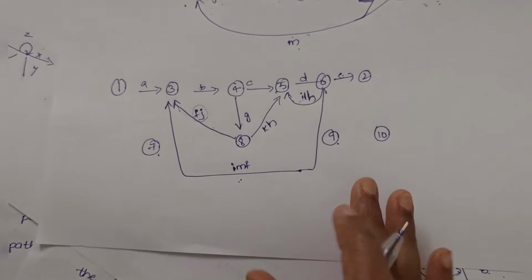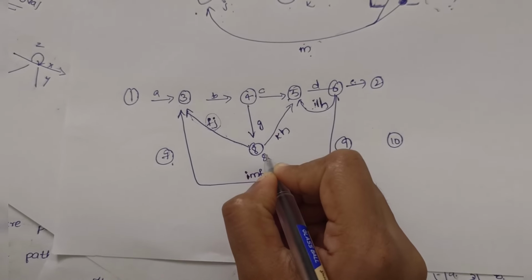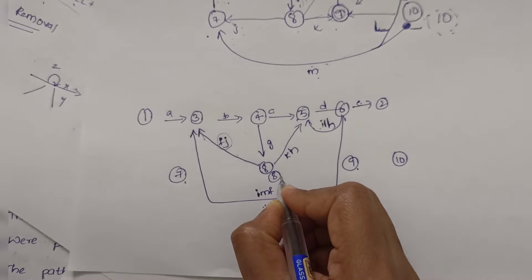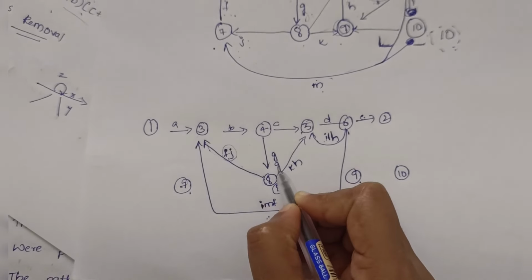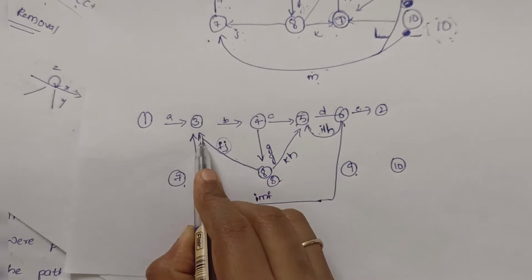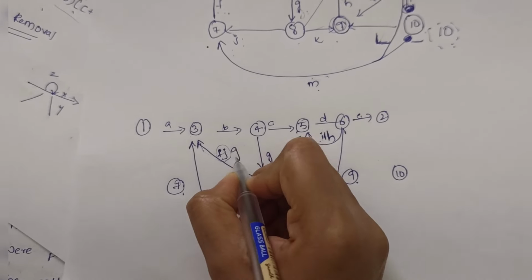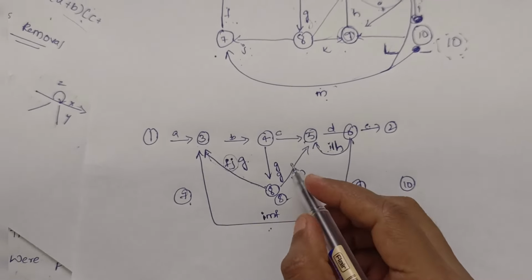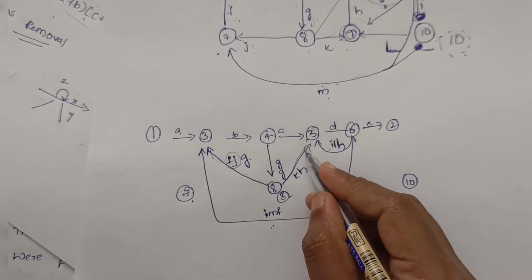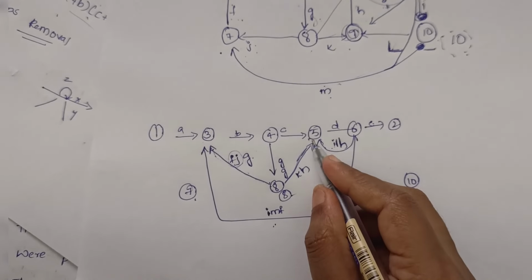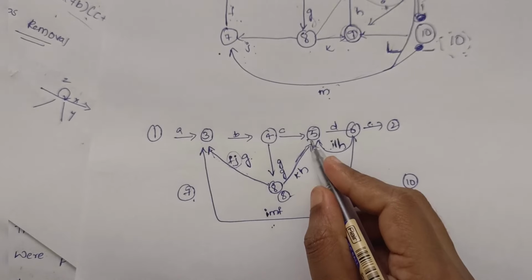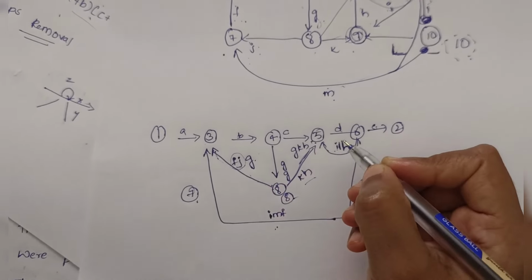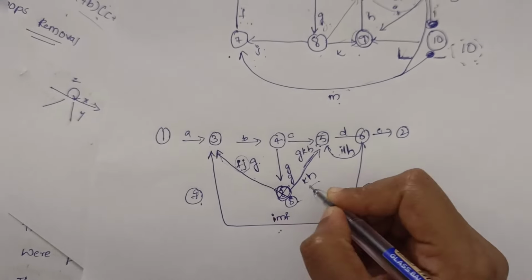We can also remove the 8th node by giving one expression like, here G is passing to 3 only, so we can keep G here, and from these G is also going to 5. G, K, H. This 8th node is removed now.